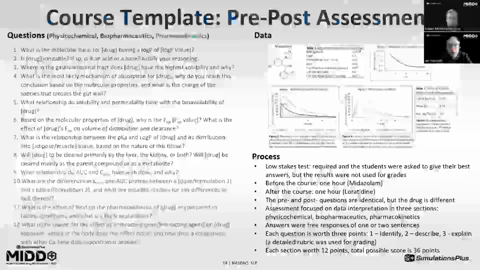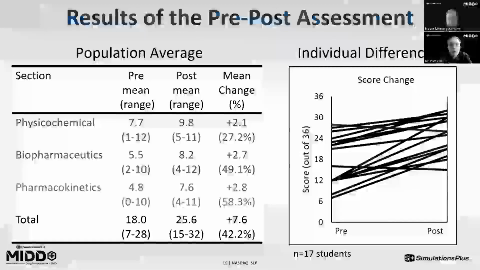So how did the students do? If we go to the next slide, this is our result for last year's course, and we show the data on the left-hand side for the 3 different sections, and we were happy to see strong improvements in each section.